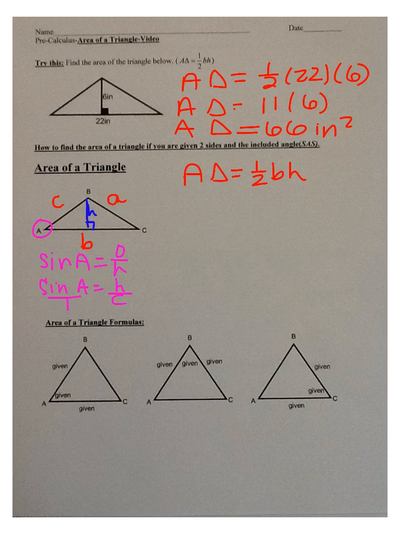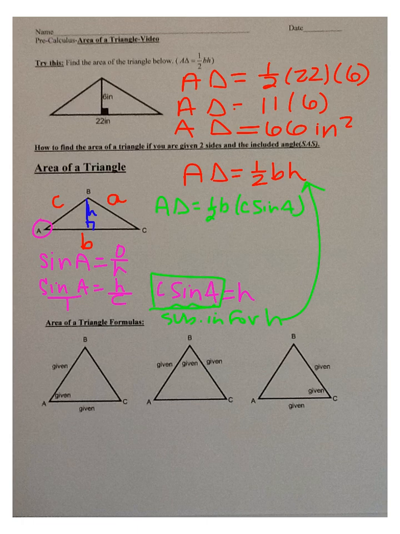So when I cross multiply, I get c sine A is equal to h. So now I'm going to do a substitution, substitute that in for h in this formula. So the area of the triangle is equal to 1/2 b times, now what's my h? My h is c sine A.